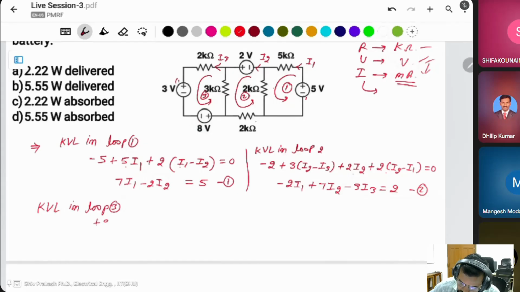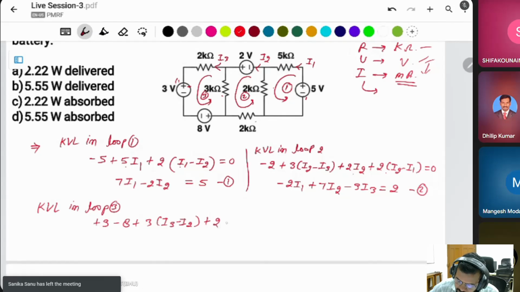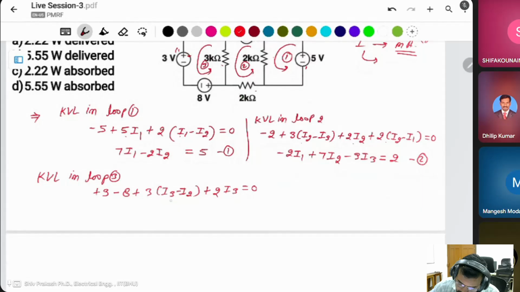This will be 3 plus this terminal first, minus 8 plus 3 kilo ohm times I3 minus I2, plus 2 kilo ohm I3 is equal to 0. 3 I3 and 2 I3 make 5 I3, minus 3 I2 is equal to 5. Equation number 3.